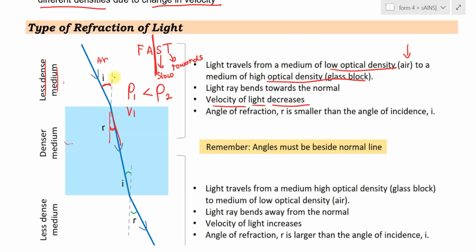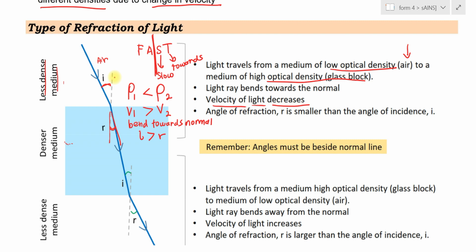Velocity at 1 is greater than velocity at 2. Maksudnya velocity at 2 ni decrease lah. Kalau velocity at 2 ini decrease, apa yang akan berlaku? Bend towards normal. Maksudnya, I kamu akan jadi lebih besar daripada R. Boleh faham?